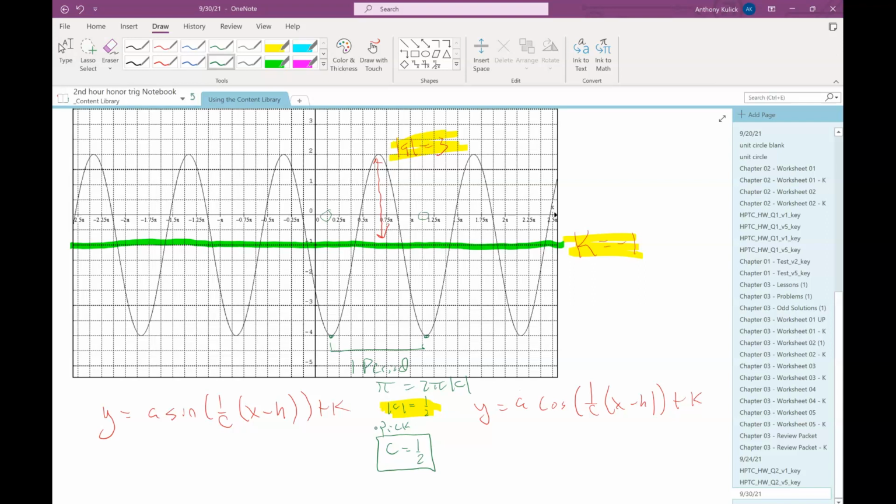All right. Now for sine, I know in the parent function of sine, I have the point 0, 0, that's a point on the midline, right?